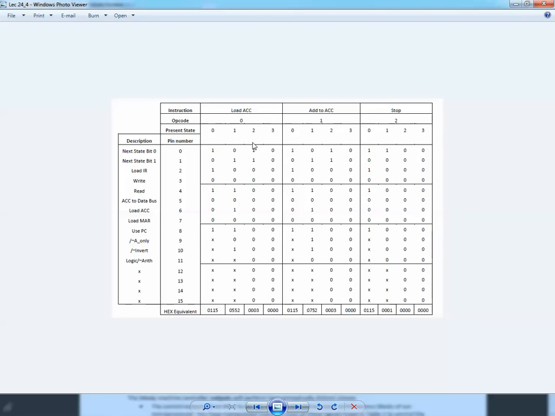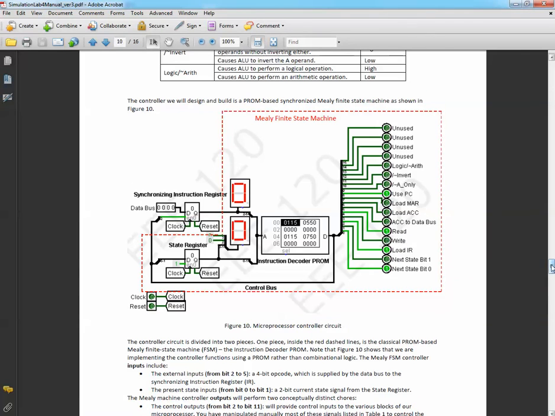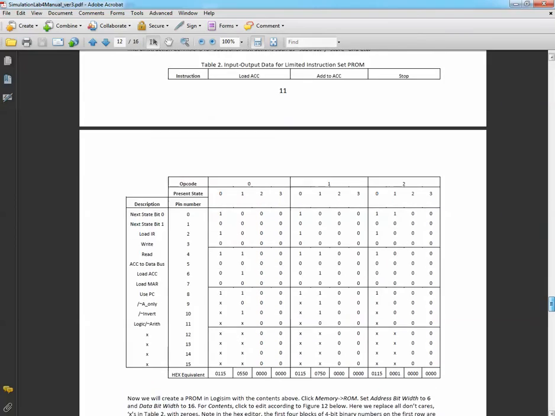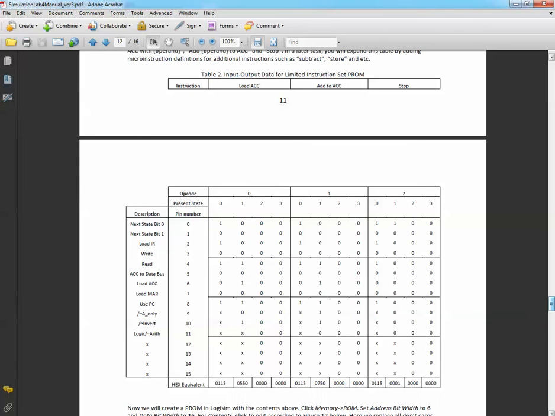Okay? And this is basically exactly what is in the manual. Let's look at this in the manual on page 12. When we are in state 1, the next state is 0, 0, which means that we will go to this state, state 0, and the next state will be state 1.